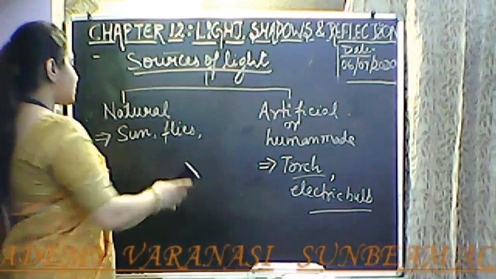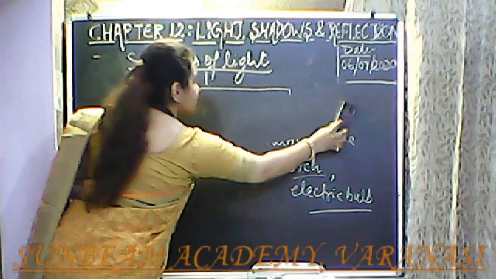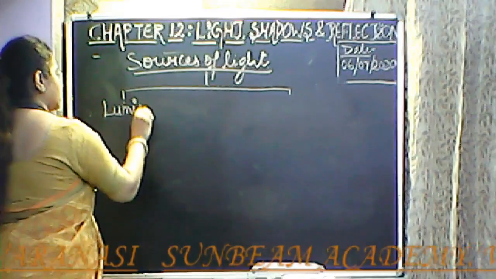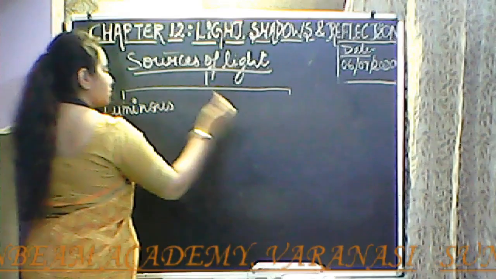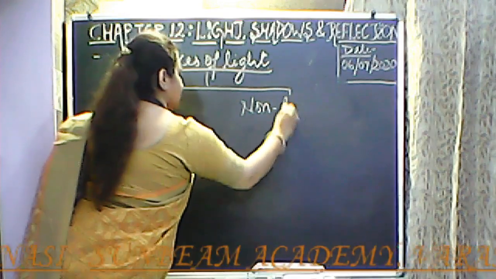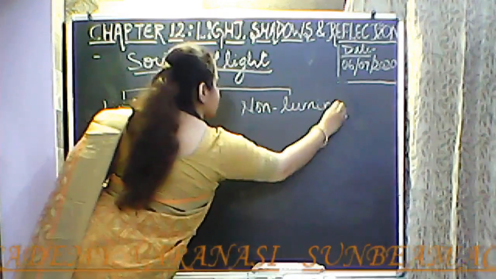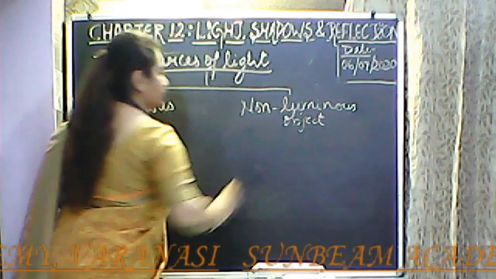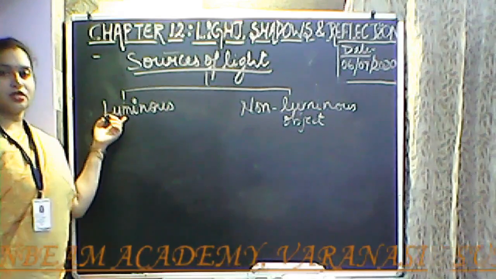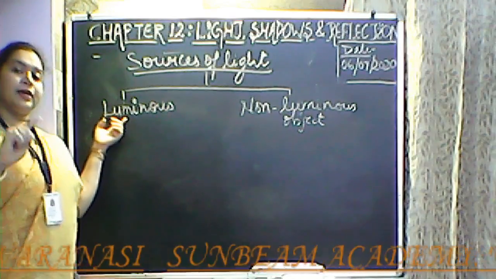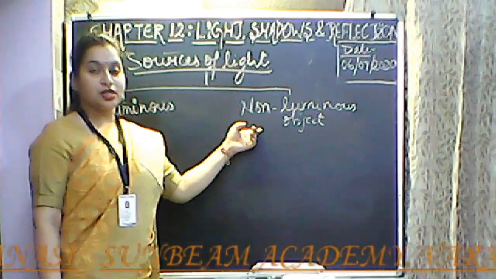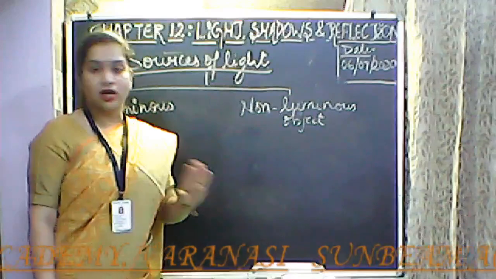Depending on that, the sources of light are also divided into two types, that is luminous object and non-luminous object. What is a luminous object? The object that can emit light is called a luminous object. A non-luminous object is an object that cannot emit light.